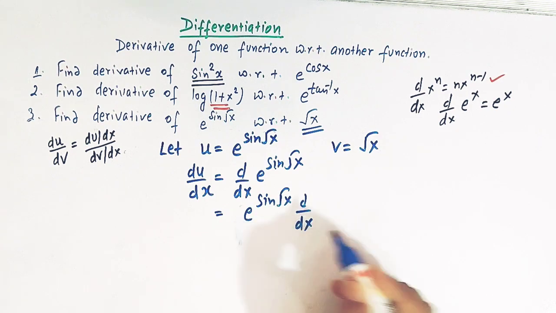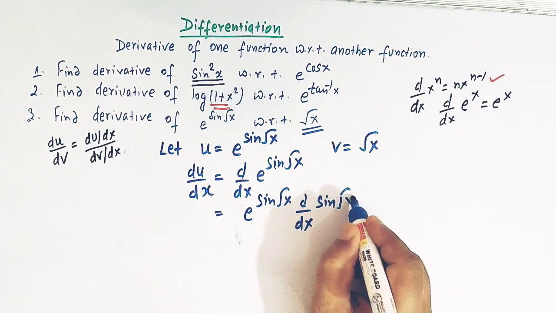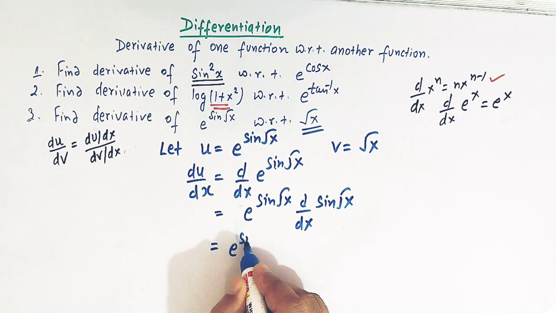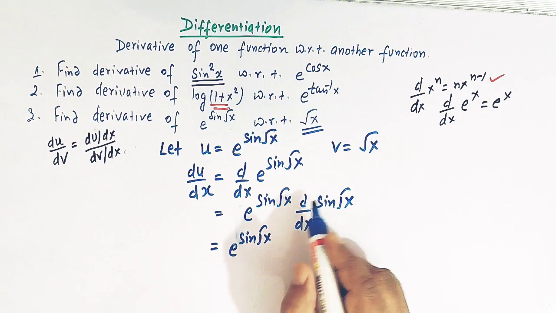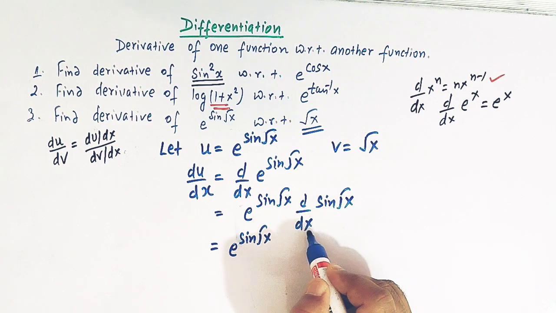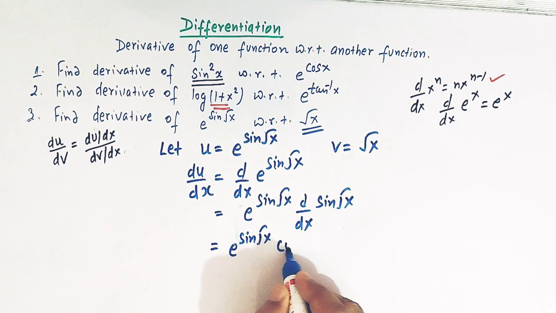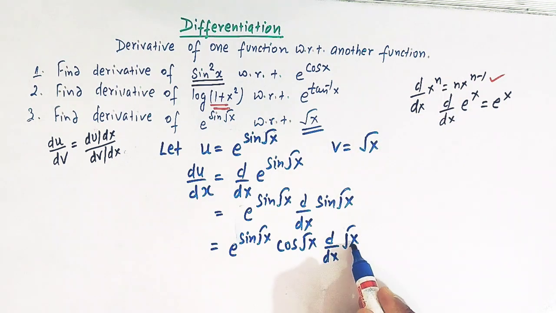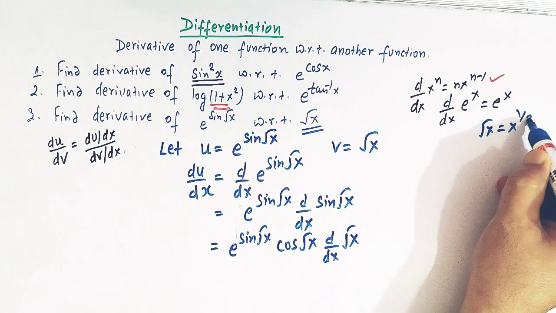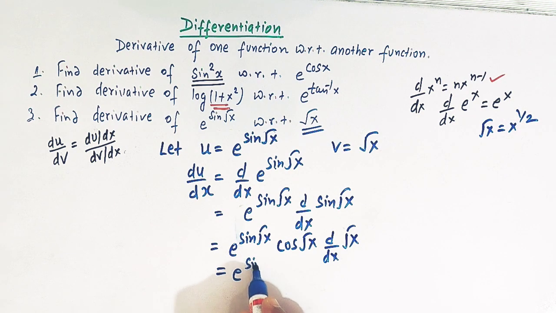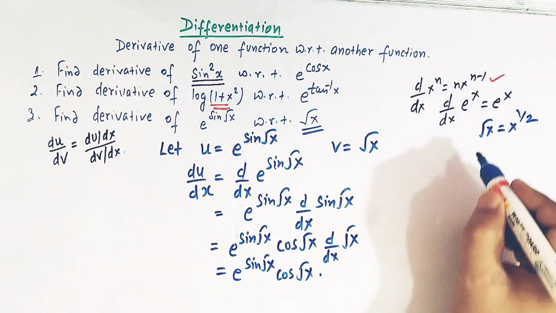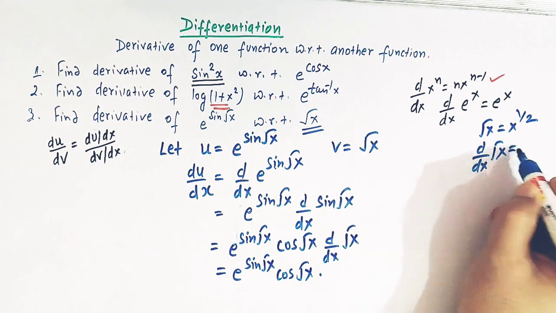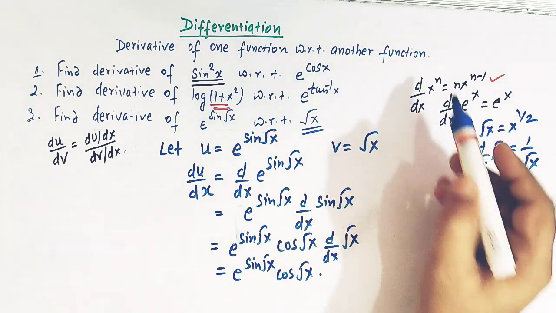Then we find the derivative of sin √x with respect to √x, which is cos √x. Then we find the derivative of √x. Since √x is x raised to half, using the power rule, the derivative of the square root of x is simply 1 over 2√x.